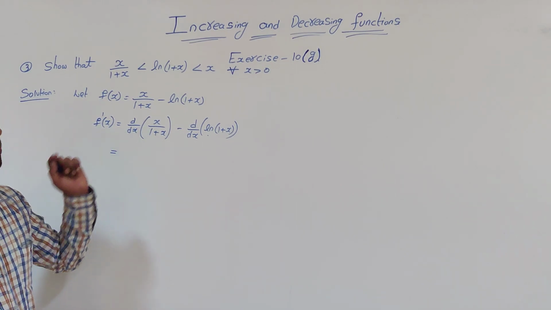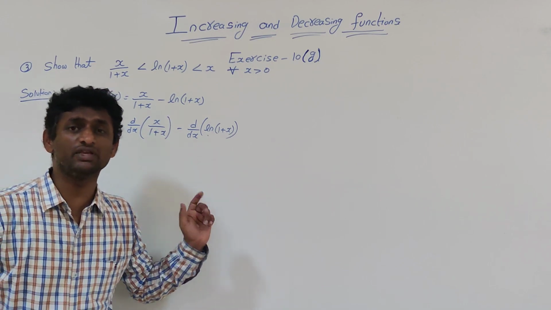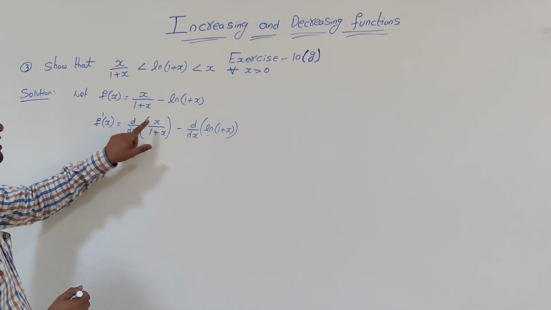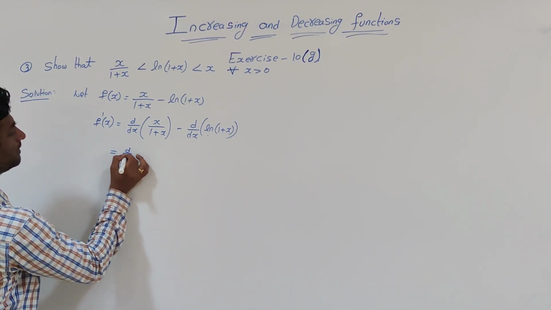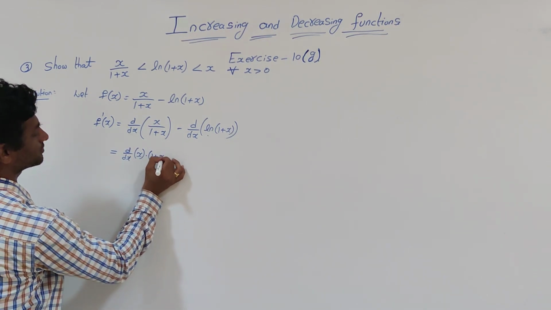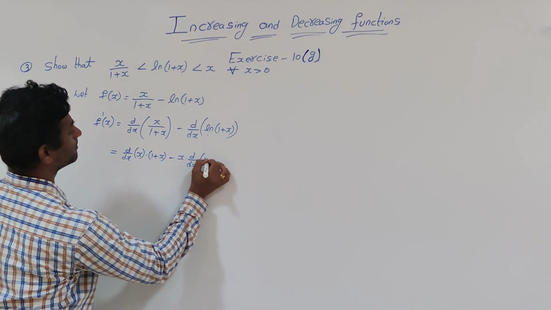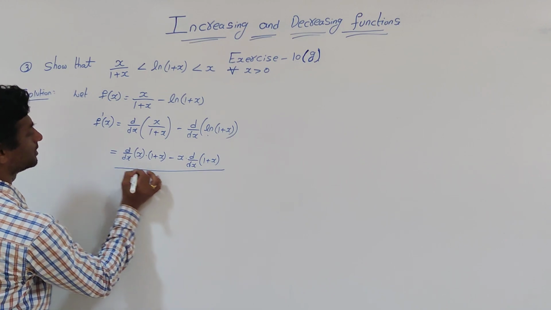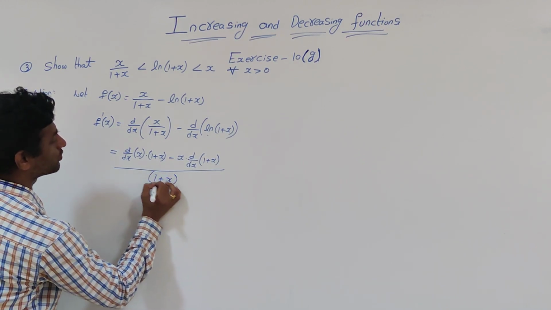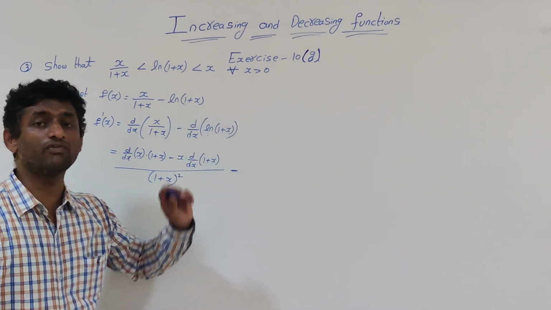Now, what is the derivative of x by 1 plus x? In this case, you have to apply the u by v rule. So, derivative of it means d by dx of x into 1 plus x minus x into d by dx of 1 plus x, by 1 plus x whole square, minus the derivative of ln of 1 plus x.